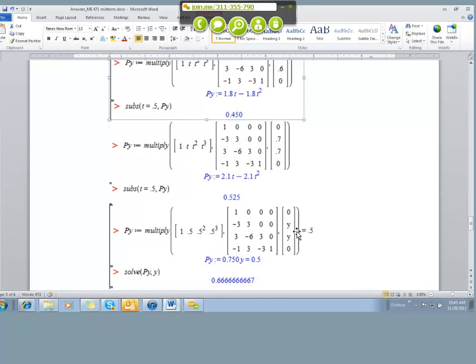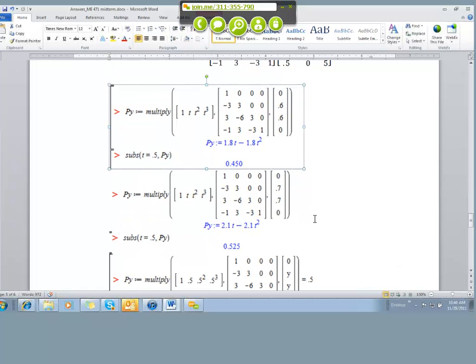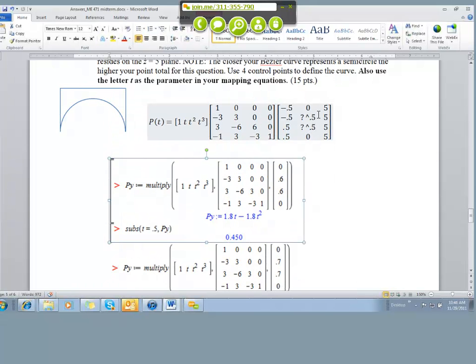When t is 0.5, you want a y value equal to 0.5, and so you get this equation set up, and the answer that you have to chase down for the y value ends up being 0.666 and on. And so going back into here, what it should have been is minus 0.5, 0.6666, and 0.5, 0.6666.